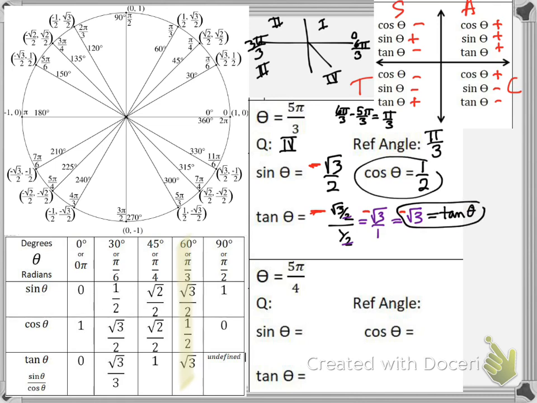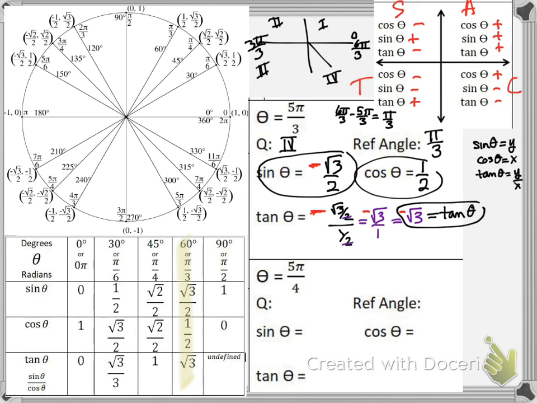This is my cosine. This is my sine. Remember that sine theta is the y value, cosine theta is the x value, tangent theta is the y over x.